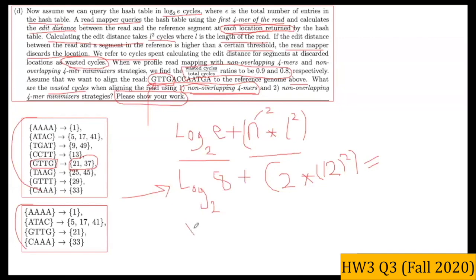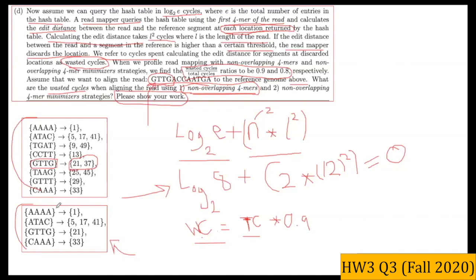So the wasted cycle, W, is equal to total cycle times, for the first method, 0.9 times 0.9. Now we already calculated the TC here, which is the number given by this equation, so it's easy to calculate the wasted cycle. Now we do the same thing with the second method.